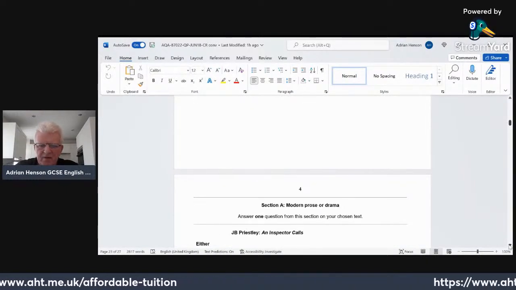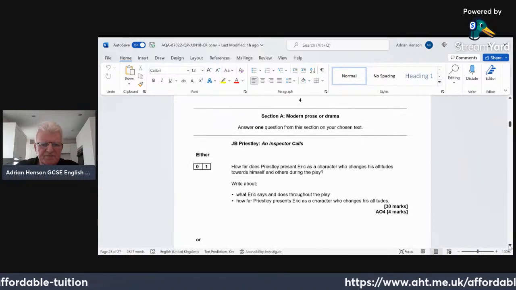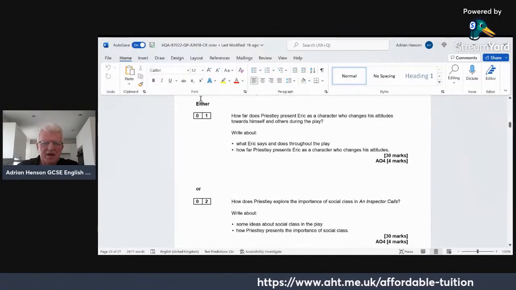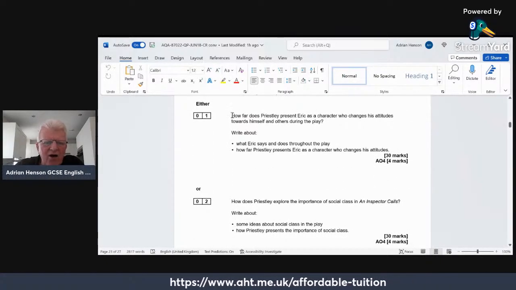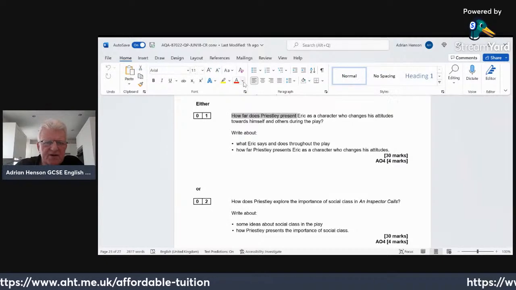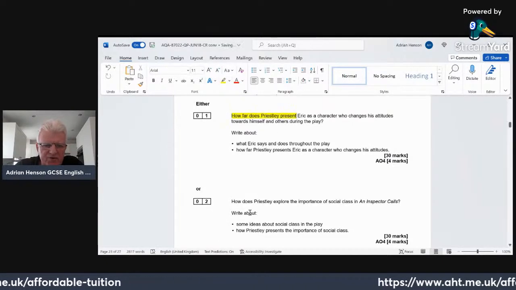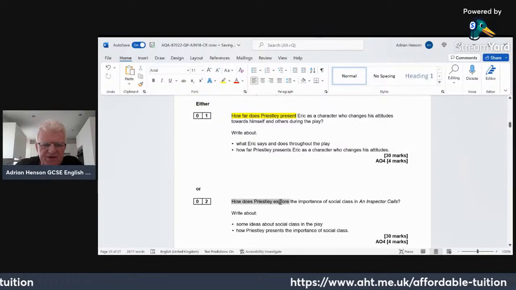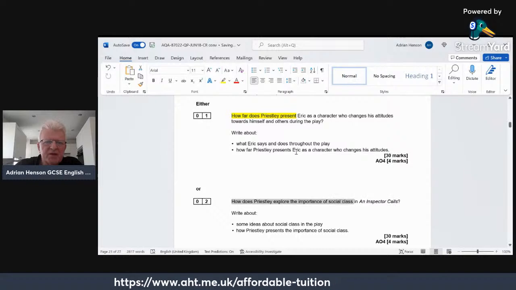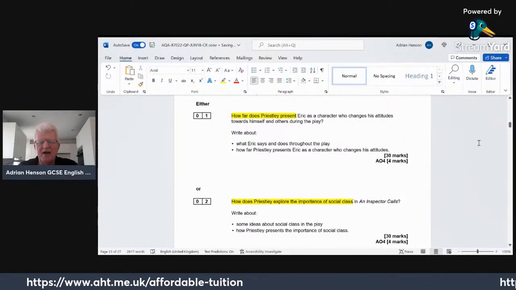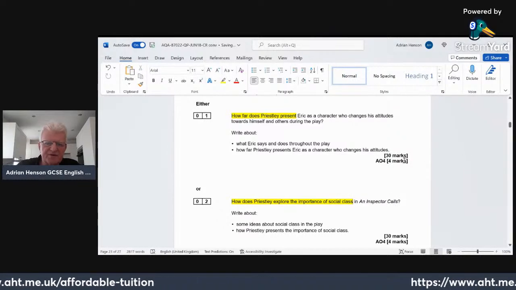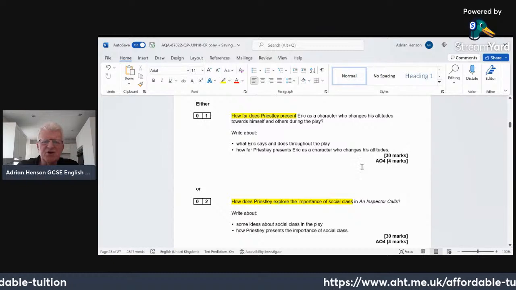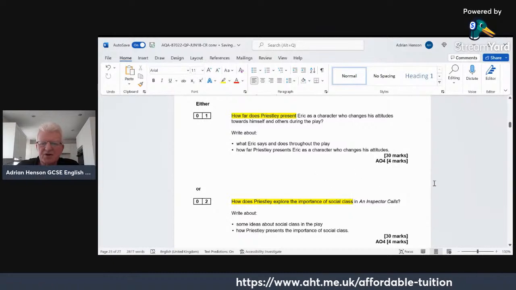And we'll look at Priestley and An Inspector Calls. And again, you get the question, how far does Priestley present Eric as one, or you could do how does Priestley explore the importance of social class. So in all the questions, again, we've got "how," and again, you've got those marks, but this time you do not have an extract.